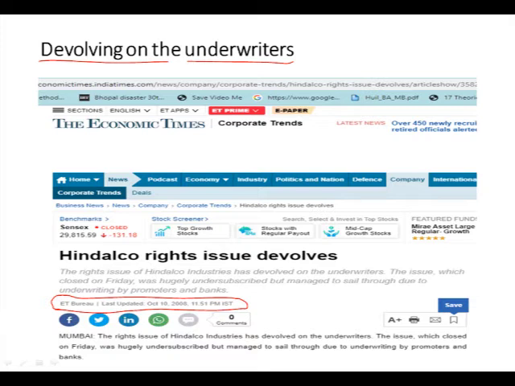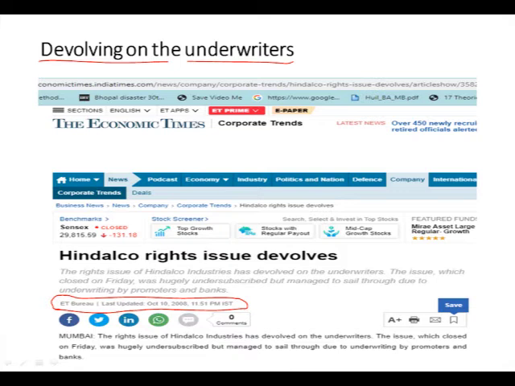They have to bear the risk, and they have to purchase the issue themselves. So, rights issue devolves means that the issue is not sold fully, or there is a percentage of the total issue that has to be purchased by the underwriters themselves.